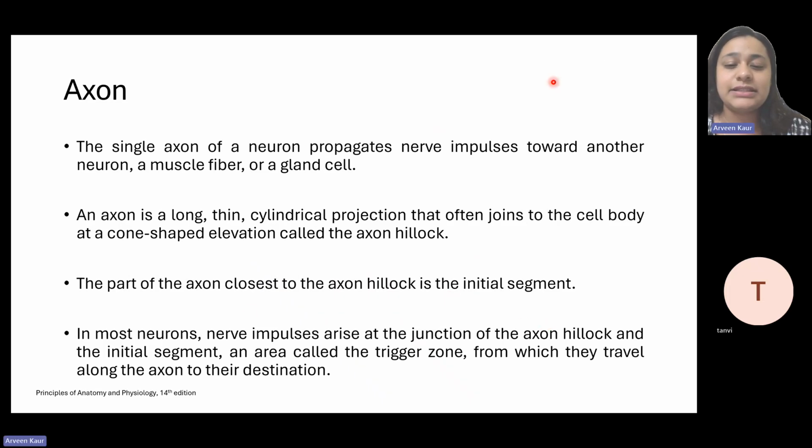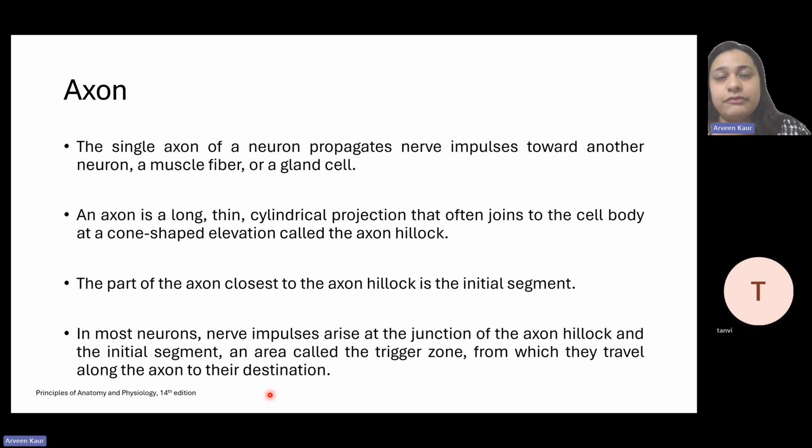In most neurons, the nerve impulses arrive at the junction of the axon hillock and the initial segment, and this area is called the trigger zone, from which they travel along the axon to their destination. Right now we have not discussed action potentials or nerve impulses or how they are generated.